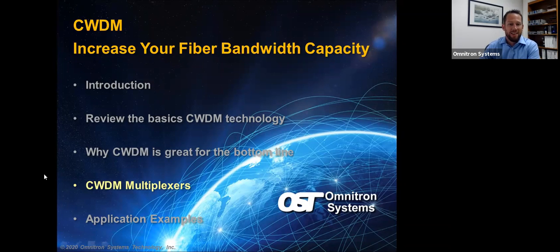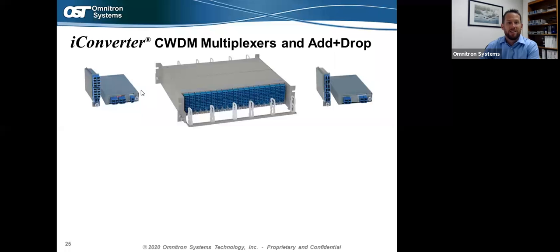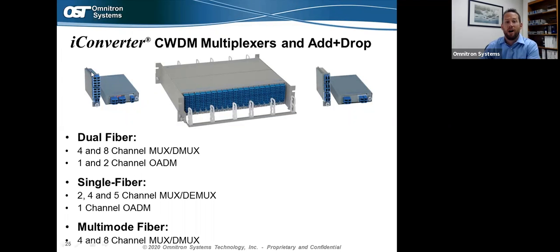Let's fire away. But now we'll go ahead and move on to CWDM multiplexers and show you the Omnitron line. Our iConverter is the platform that's going to support all of our CWDM multiplexers as well as the add-drop muxes. Omnitron sells these in the dual fiber and single fiber varieties. With dual fiber, you can get a 4-channel or an 8-channel multiplexer or a 1 or 2-channel add-drop mux.